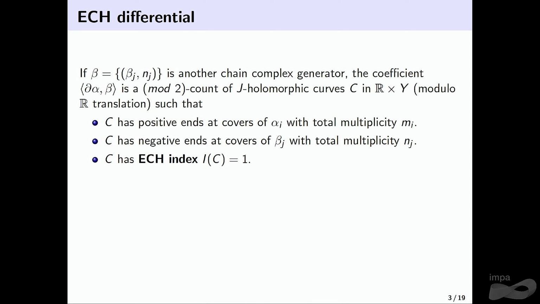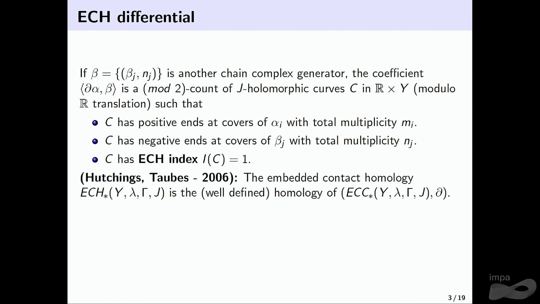It makes everything work. Hutchings and Taubes proved that the differential defined this way is well defined, and it is really a chain complex, so d squared is equal to 0. This is highly technical and quite hard, but it works.